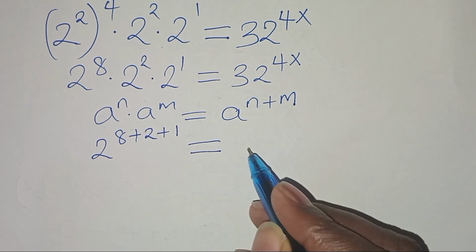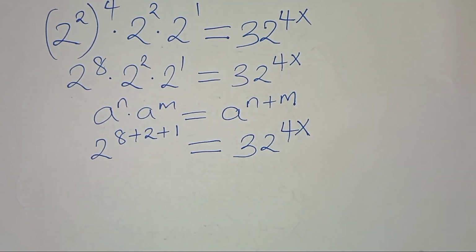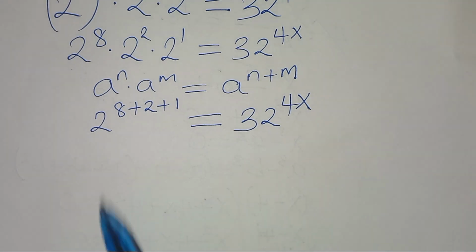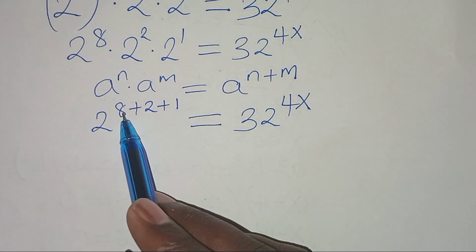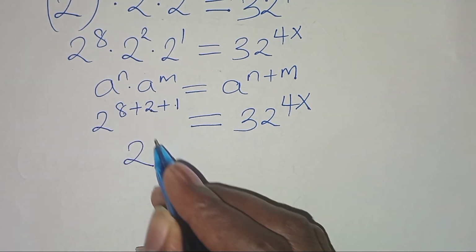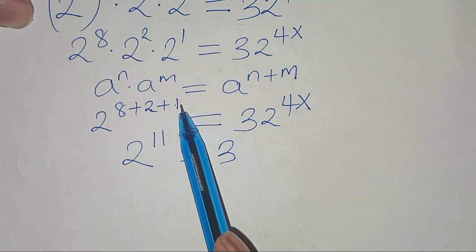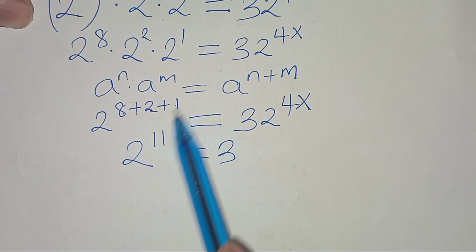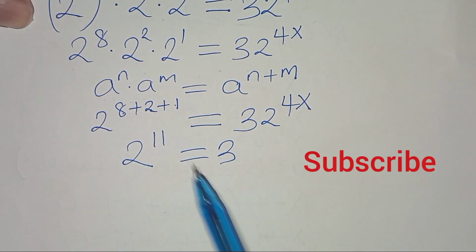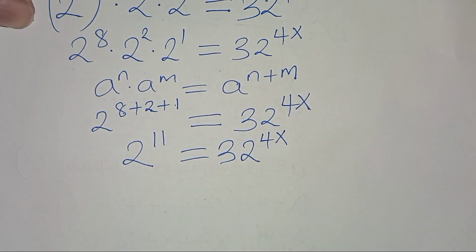This is equal to 32 raised to the power 4x. Now the next step here, 8 plus 2 is 10, 10 plus 1 is 11. So we have 2 to the power 11. This is equal to 32 to the power 4x.